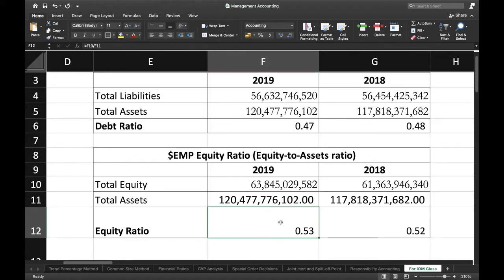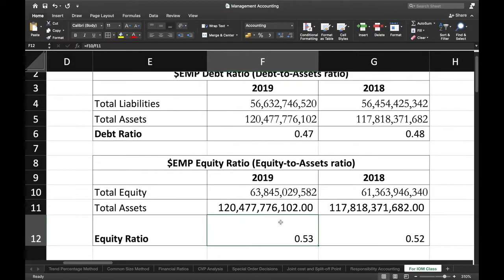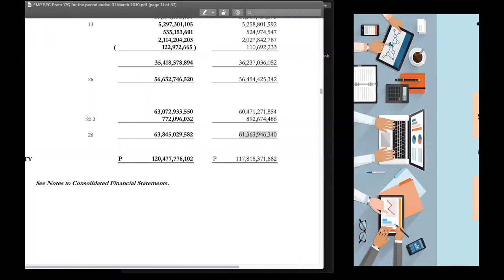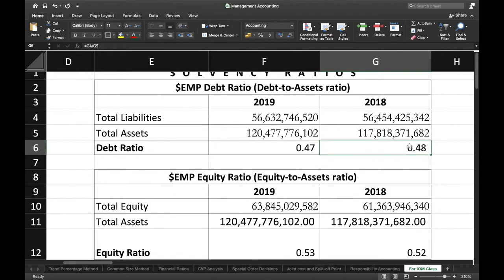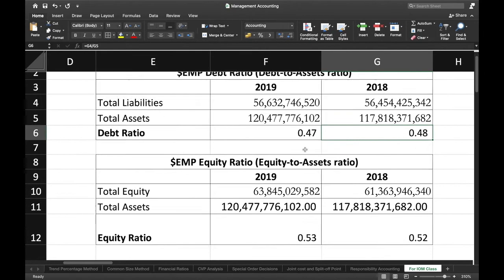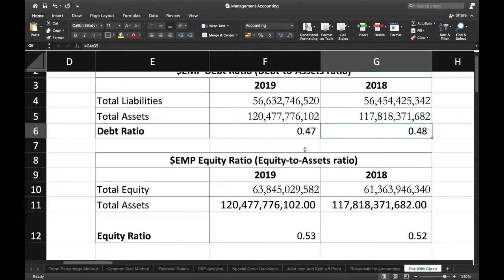So, kung titingnan ninyo, ito yung perspective kanina na regarding doon sa unang tanong. No, from yung pagmamay-ari ng creditor from 0.48 to 0.47 bumaba. No, and since bumaba yun, connected yan dito sa equity ratio na from 0.52 umangat naman ng 0.53.